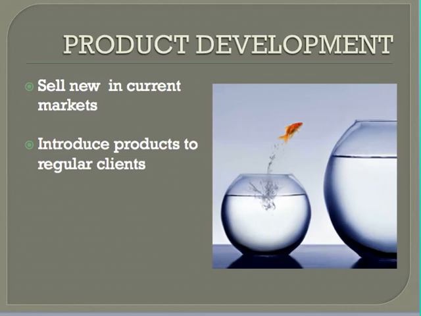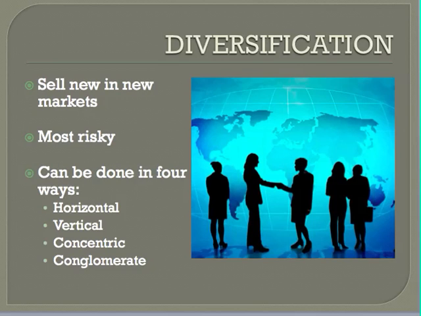Last but not least, the fourth strategy is the diversification strategy. Company strategies based on diversification are the most risky type of strategies. When using diversification, things get a little bit more complicated.